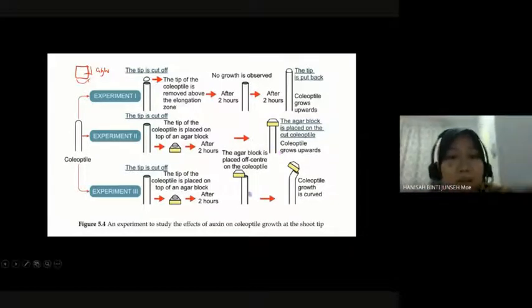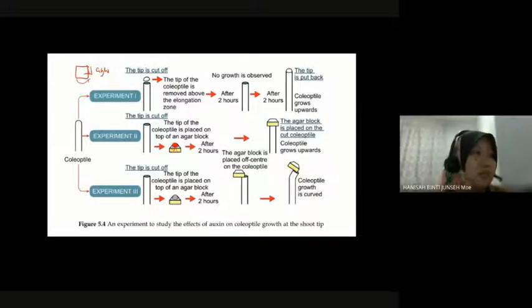So, the teacher makes the conclusion here. Whatever is in the tip of the coleoptile, this tip contains auxin. And since this is agar, the auxin in the coleoptile will diffuse into the agar. Okay, this is the agar.